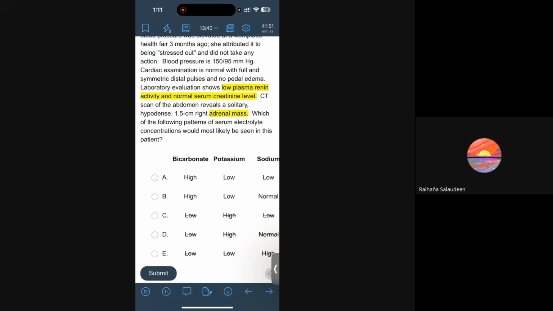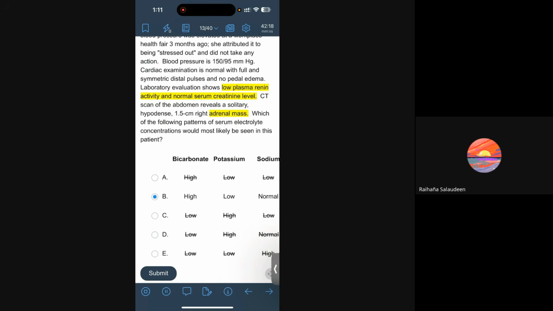So we are left with two options, A and B. What will happen to the sodium level? It can be normal or it can be high. So we know that option A is not the right answer. We are left with option B.